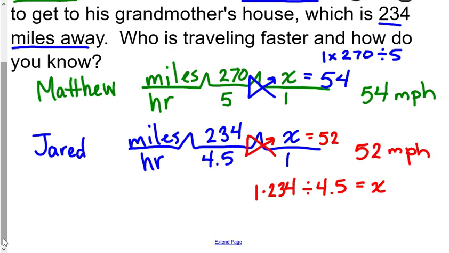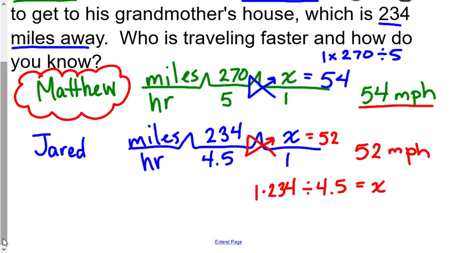So when we want to know who is going faster, we would have to say Matthew is going faster. And the reason we know he's going faster is because his speed is 54 miles per hour, while Jared's speed is only 52 miles per hour. So that's a way we can use unit rates to answer questions as well. We can compare unit rates.